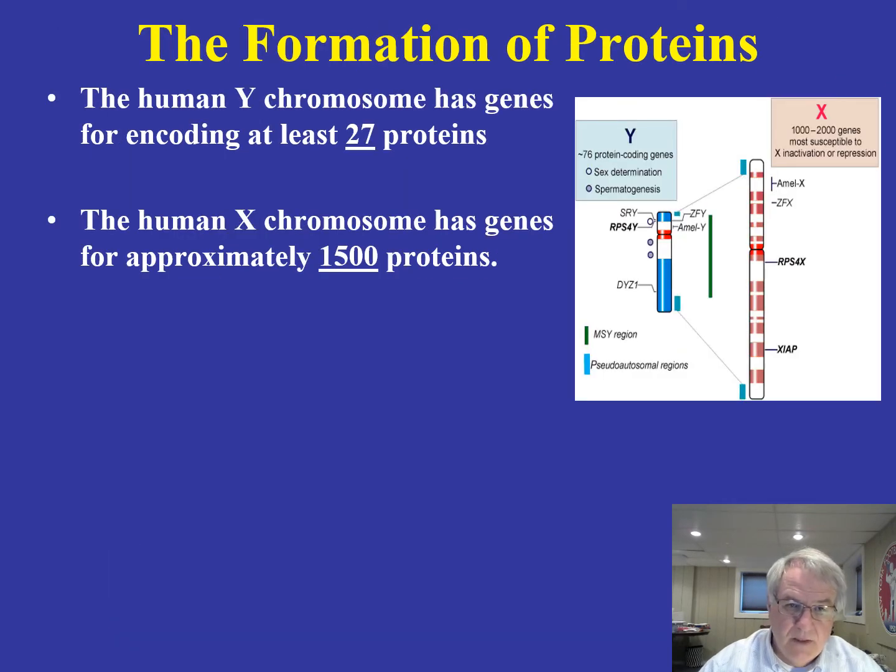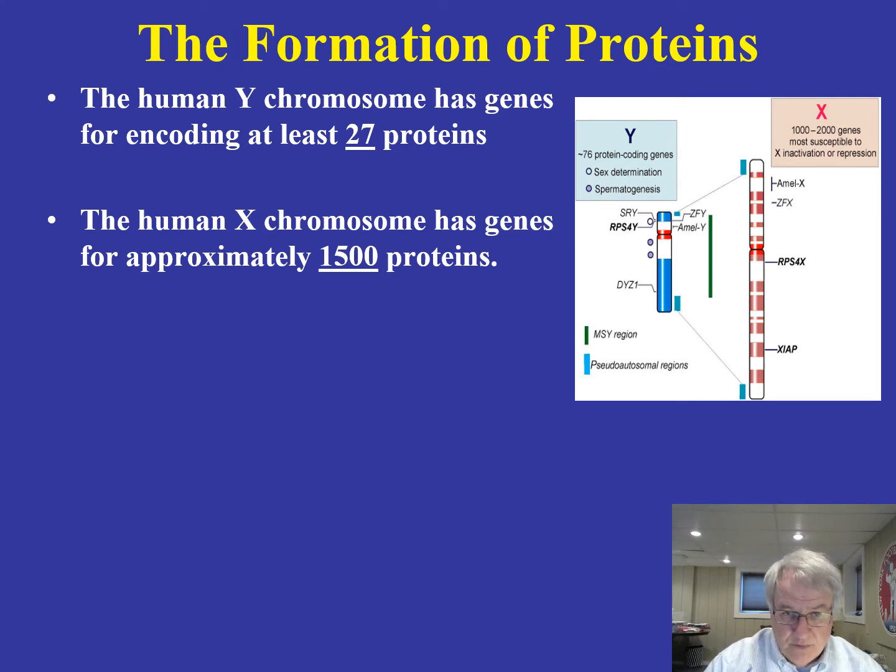When we talk about the formation of proteins, and again, this whole process of development is crucially dependent upon those chromosomes and the encoding that takes place in terms of proteins. On the Y chromosome, there's at least 27 proteins.